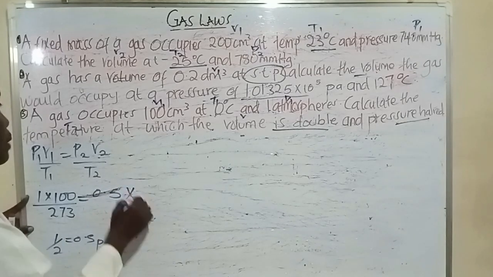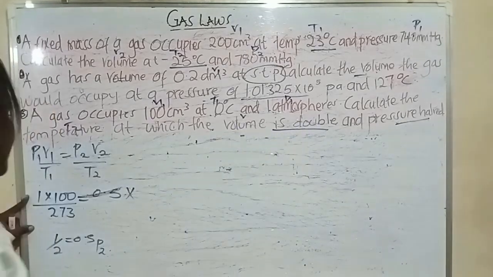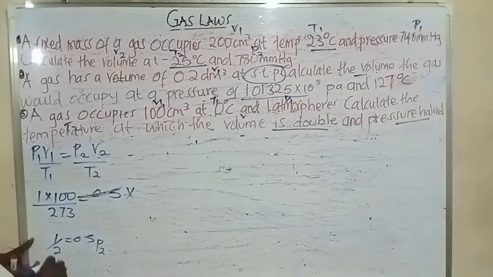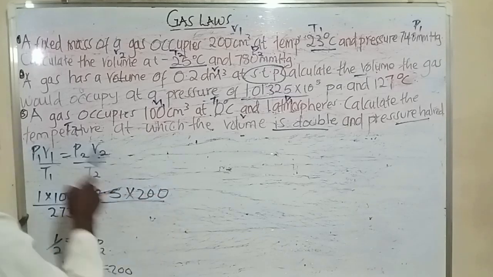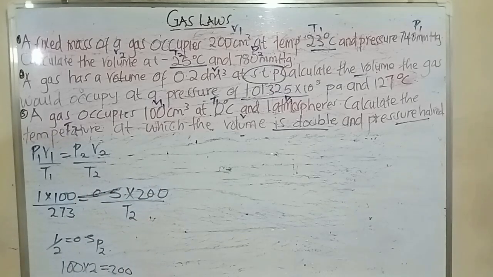You multiply by our volume, which has been doubled. So our volume is 100, you multiply by 2, you get 200. So we get 200 over T2, which is what we're looking for. Now, we are also going to cross multiply.